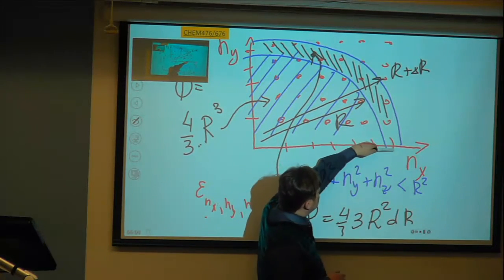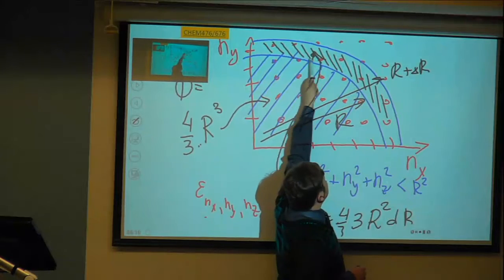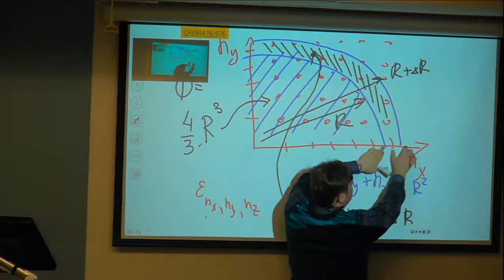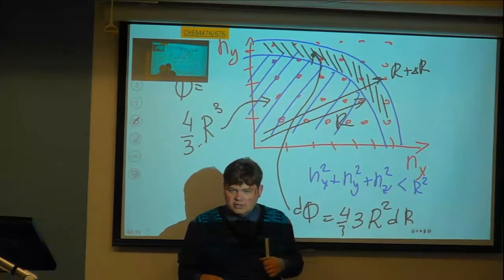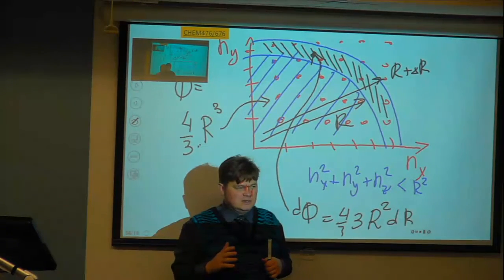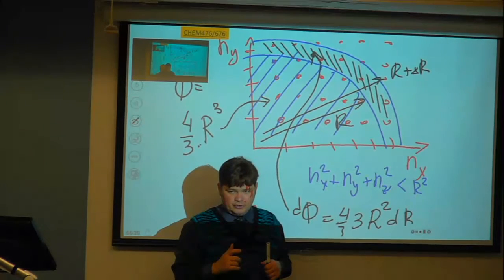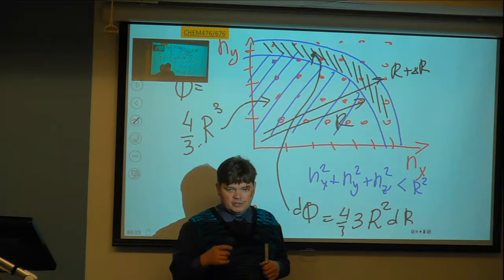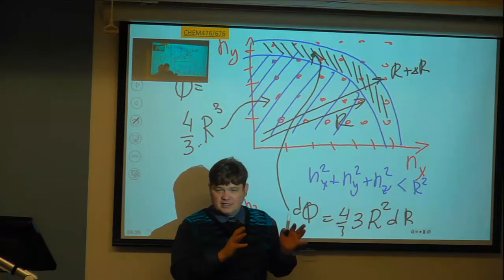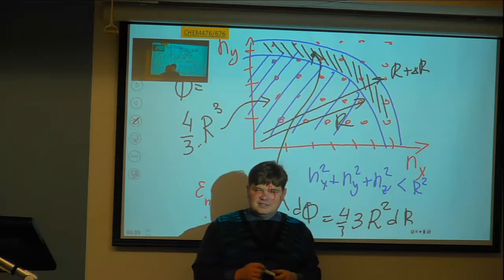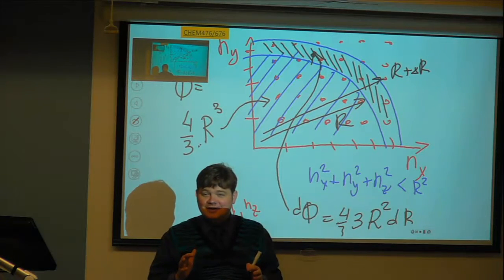If you build a thin shell of a given radius plus minus something, it will be all states where this particle in the box has a fixed value of energy, equal to n x squared plus n y squared plus n z squared multiplied by some constant, where we had a debate with Alice about the factor 8.